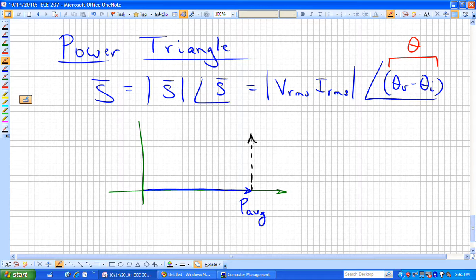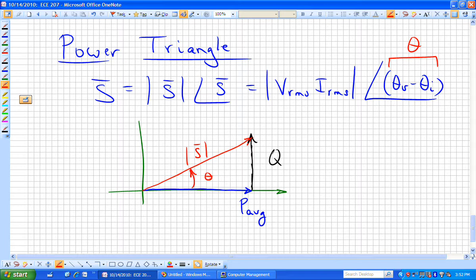We have an imaginary part, which is Q. There are P and Q. And then we have, whoops, that's supposed to go to the tip of that Q. This is now of length S and angle theta.